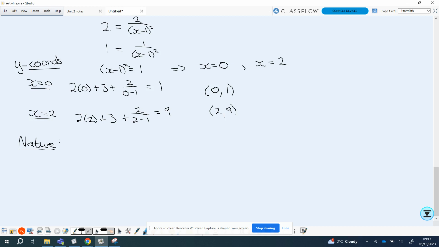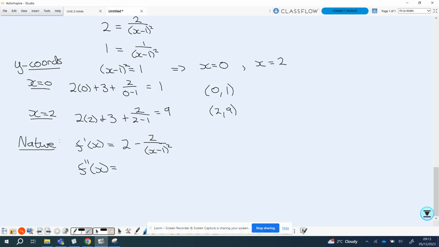of x. So remind yourself, f dash x, the function we got was 2 minus 2 over x minus 1 squared. That's what we got when we differentiate the first time.